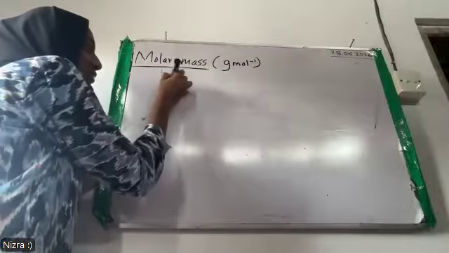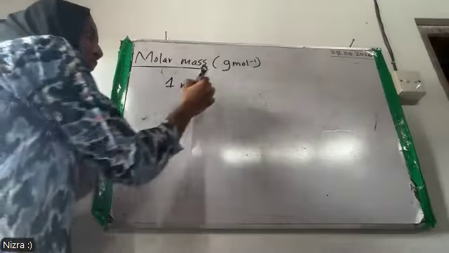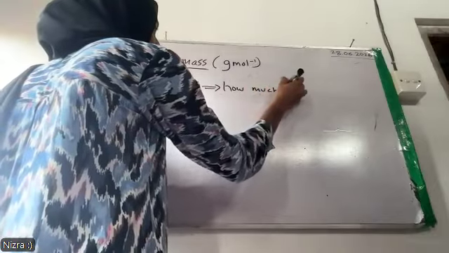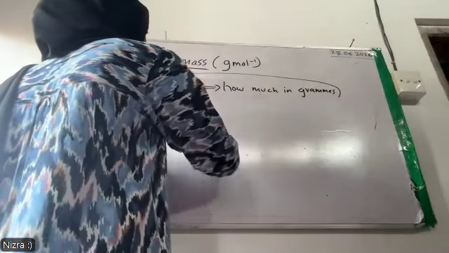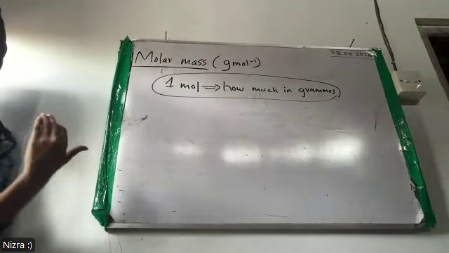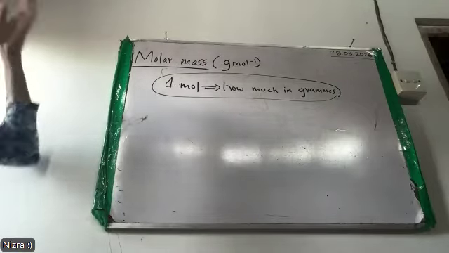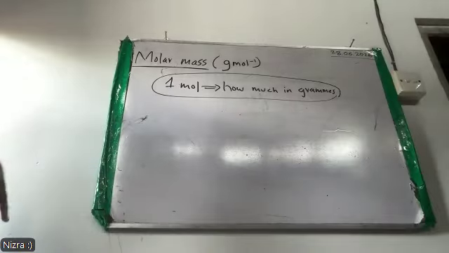That means 1 mole of any compound you take, how much is it in grams? This is molar mass. How can you express 1 mole of any compound in grams? That is molar mass, that means grams per mole. 1 mole has how many grams? That is what we are going to see.